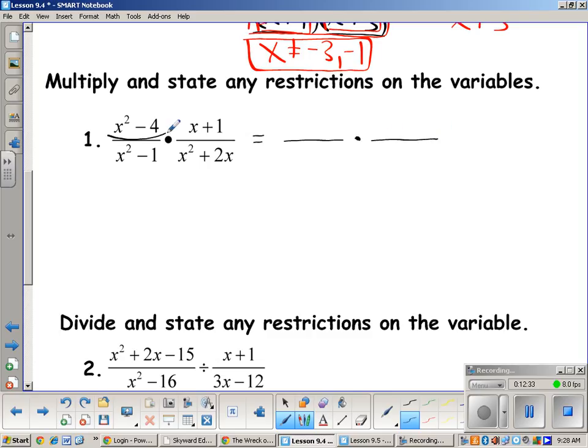How do we factor x squared minus 4? Well, remember I said, are there any common factors? Any common numbers in both or variables? Nope, so it would have to factor like this, right?